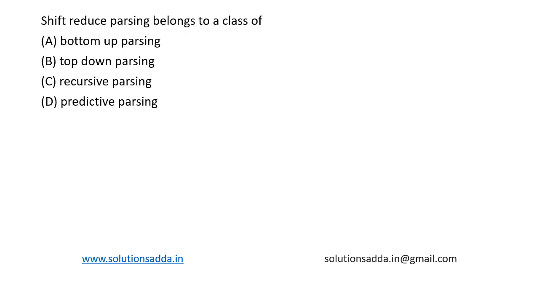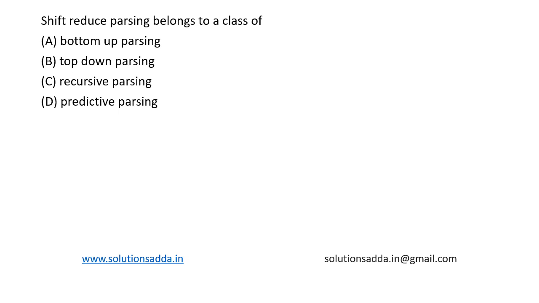This is a question from compiler design. Shift reduce parsing belongs to a class of: bottom-up parsing, top-down parsing, recursive parsing, predictive parsing. Shift reduce parsers build a parse tree in a bottom-up manner and scan it from left to right. In these parsers, through the shift operation, a single character from the token stream is pushed onto the parse stack and becomes a new single node parse tree.